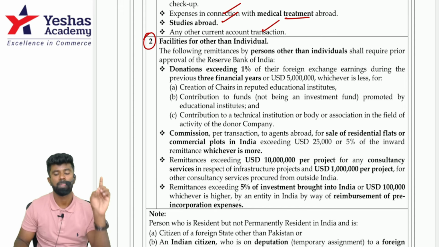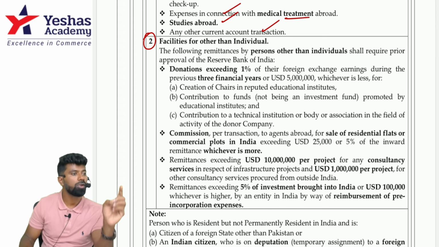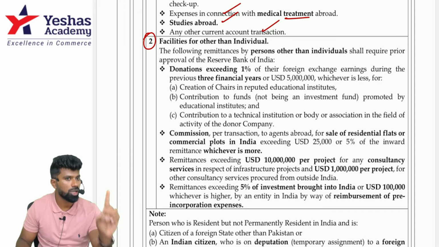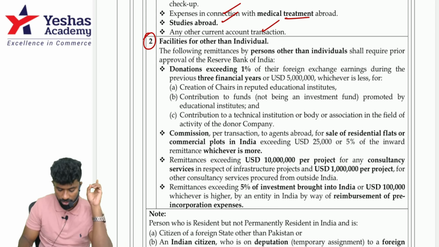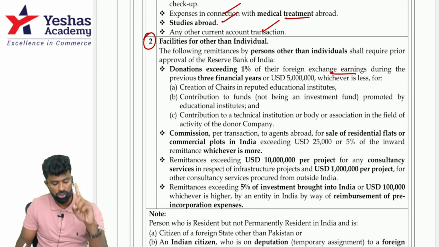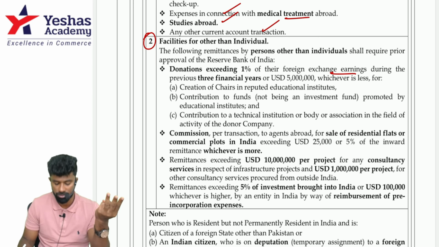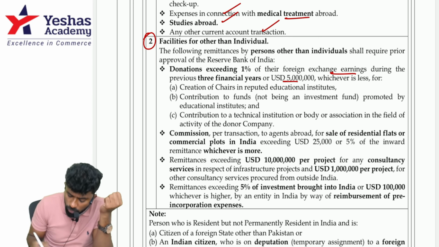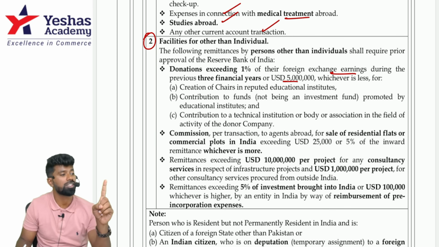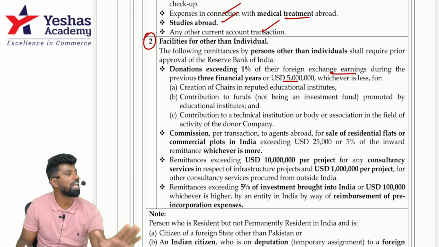First one, listen. If you want to make a donation exceeding how much? 1% of the foreign exchange earnings during the preceding three financial years, or in US dollar 5 million, which means 50 lakh.